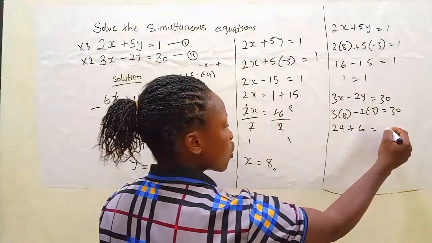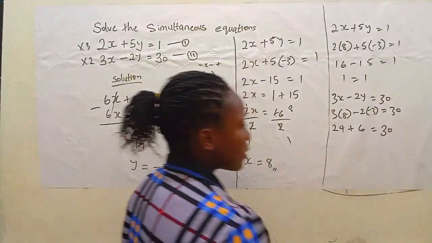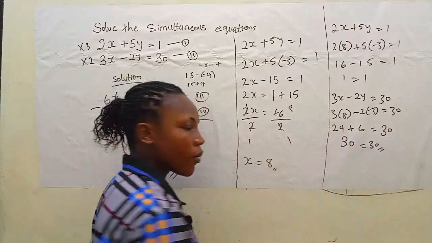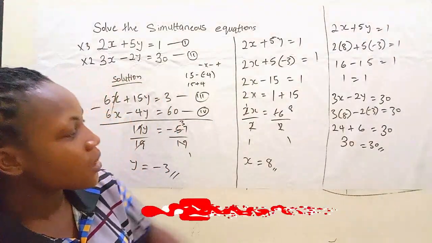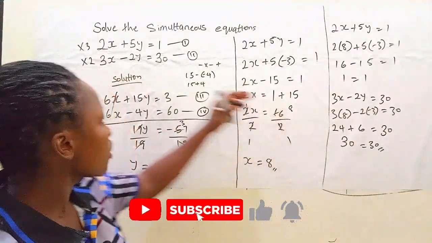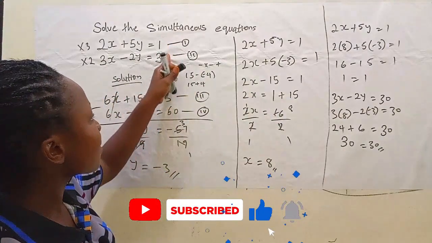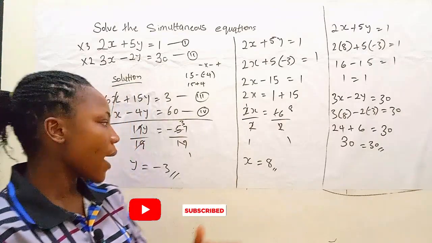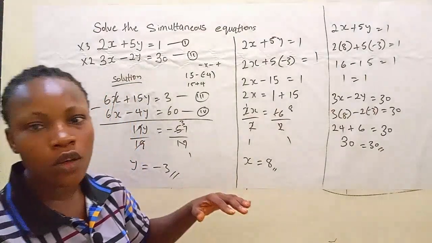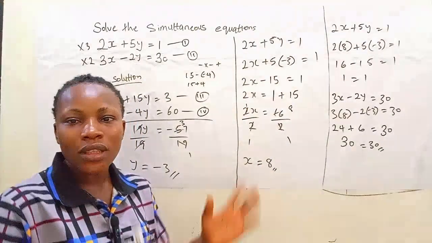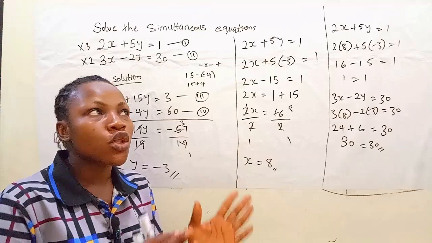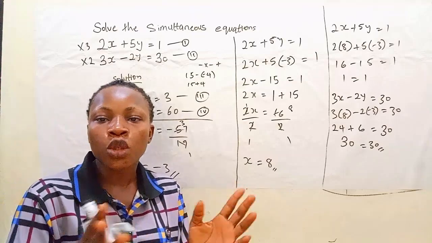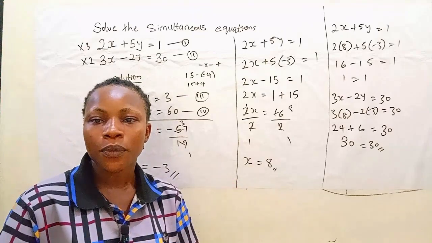Equals to 30. This plus this is 30 equals to 30. Now we have checked it and we got exactly this. That means the value of our y is this, while the value of our x is 8. So this is how to solve it and how to check if what you got is actually the right answer.